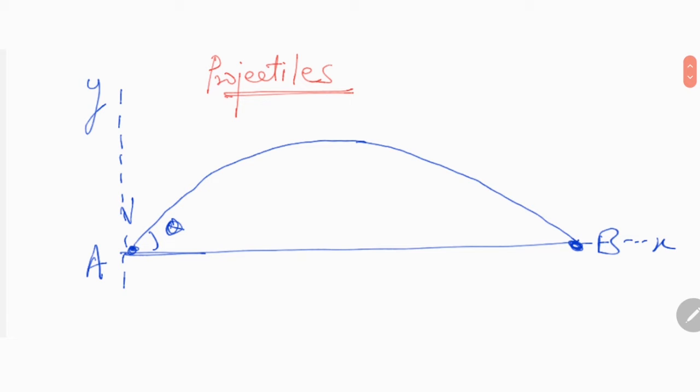Now, do you remember in the last class we discussed Newton's first law, which clearly states that a body will continue to remain in a state of rest or uniform motion unless it is acted upon by an external force.